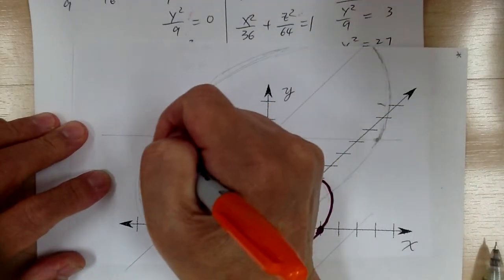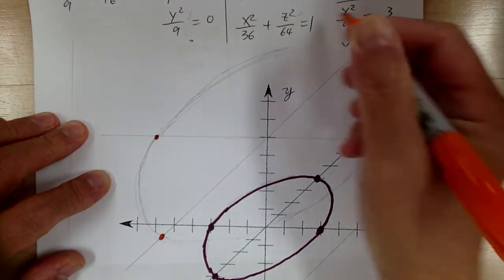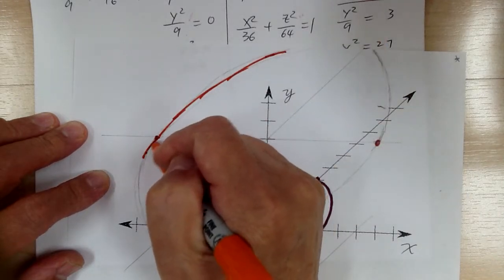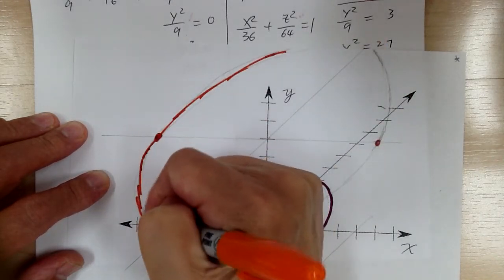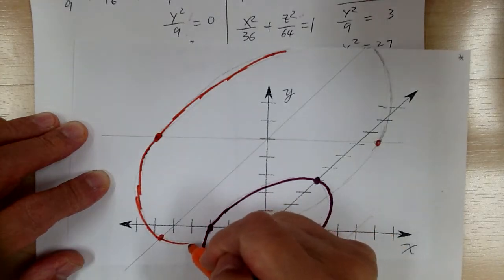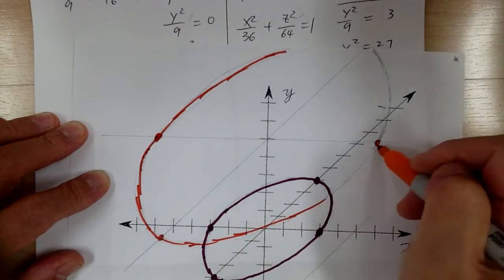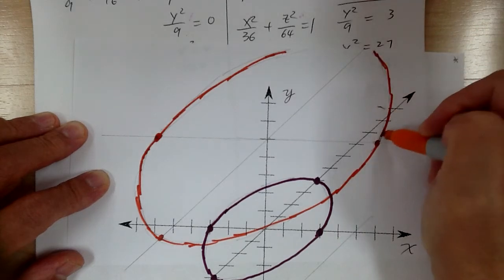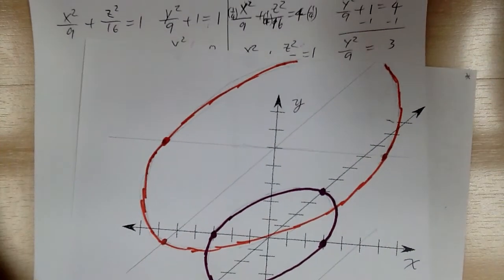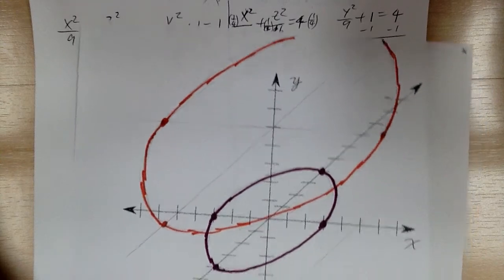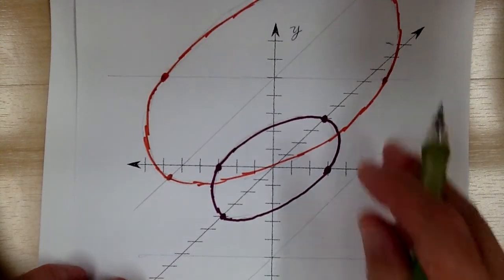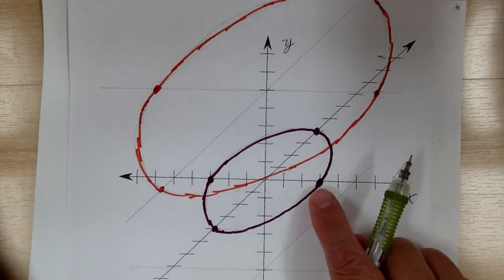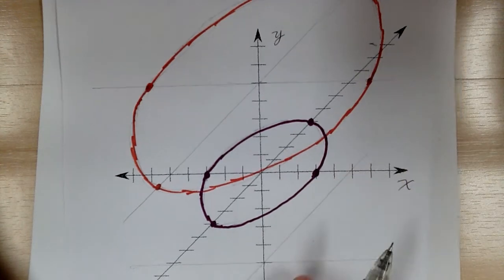Use the orange for the top, and I'm going to do the same for the bottom. So orange is the top, purple is the middle, and I'm going to do the bottom.